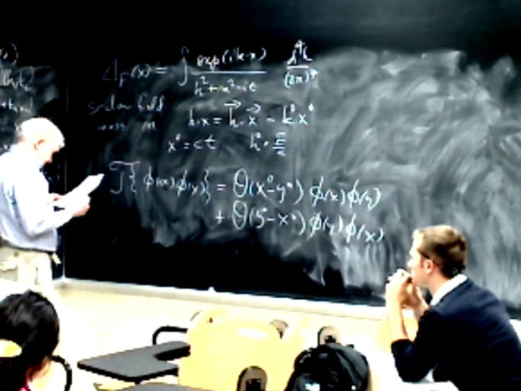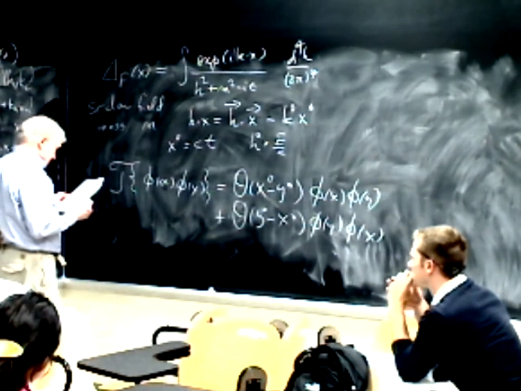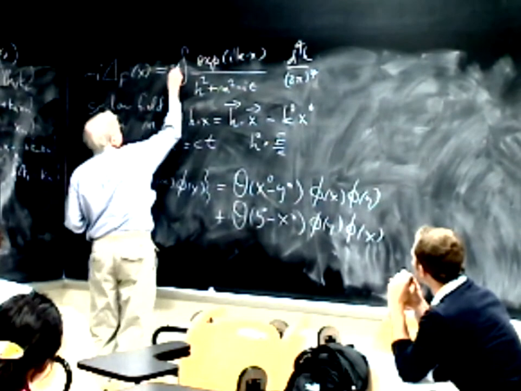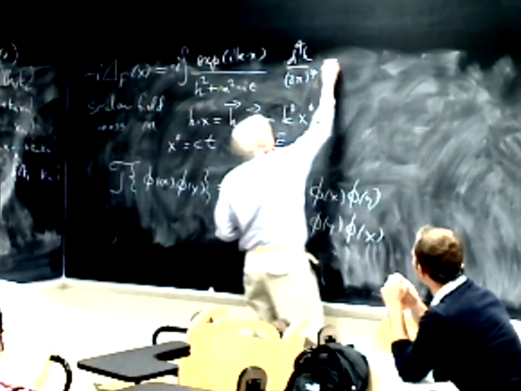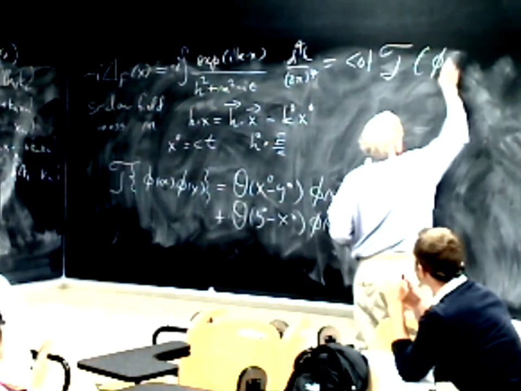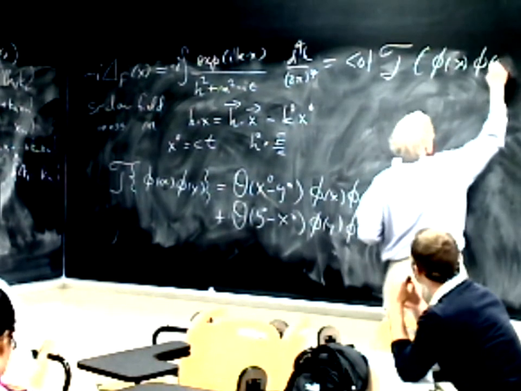And the formula then is that minus i times this is equal to the vacuum expectation value of the time-ordered product of phi x, phi y.